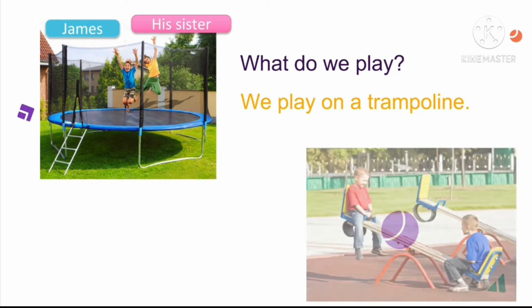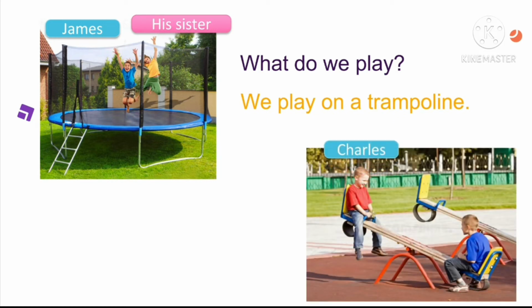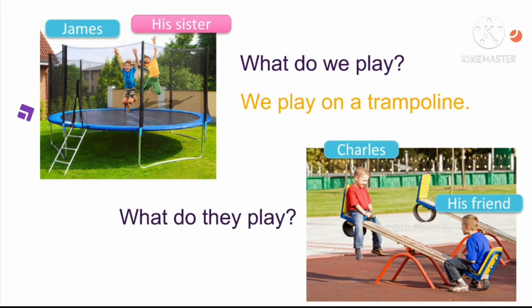One more example. This is Charles. Yes, and this is his friend. I ask you, what do they play? And you will answer, they play on a seesaw. Okay, they play on a seesaw. Well done.